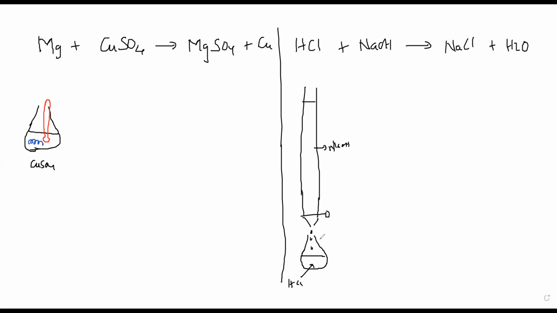That means the excess NaOH I'm adding is not carrying out any reaction, which means it is not releasing any heat. In fact, the NaOH added is at a different temperature. This is at room temperature, but by the time all the HCl is over, the temperature of the flask has increased. Yes or no?